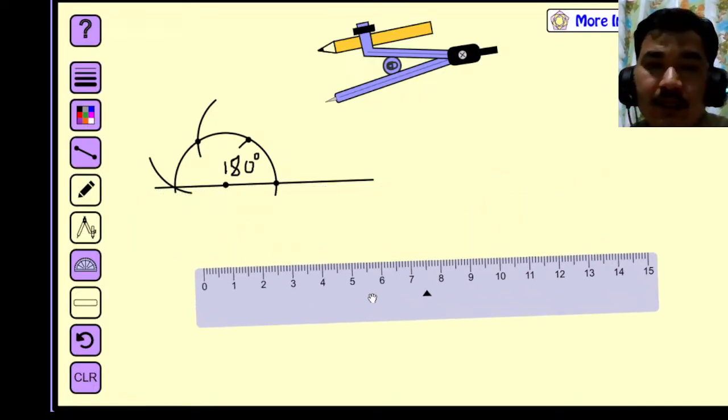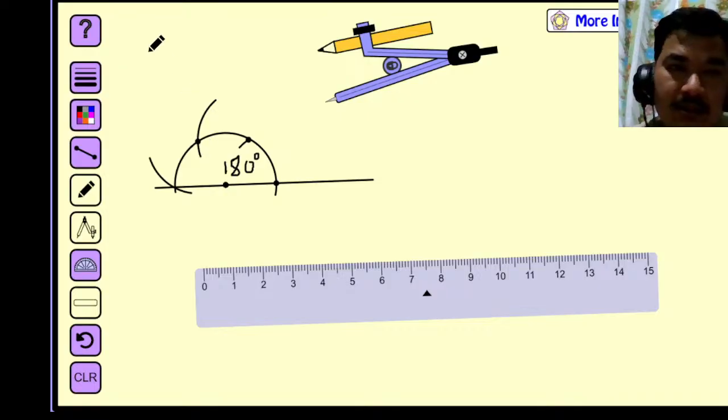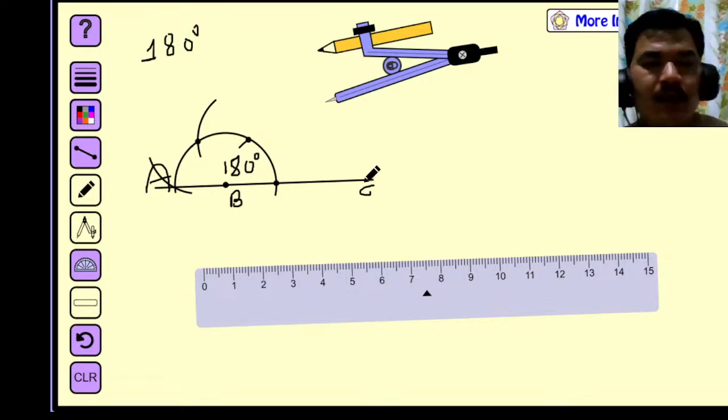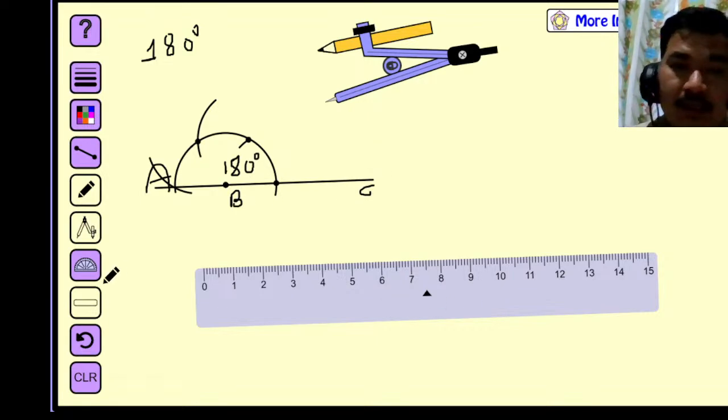Now look at children, I want to show you this is 180 degree, straight angle. You can write this name A, B, the center one, okay, then this is C. Right? Now, this is the way to construct 180 degree. Now I'm going to show you next.